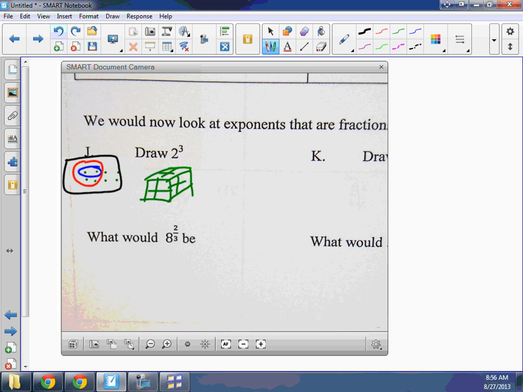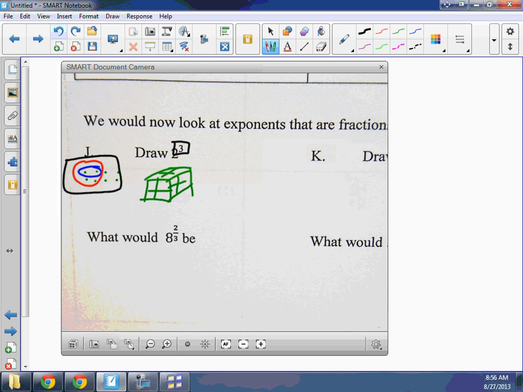So, down below it says, what would 8 to the 2/3 be? Now, wait a minute. Can you have a fraction exponent? Sure. Okay, this is 2 to the 3rd. We have 3 doubles.